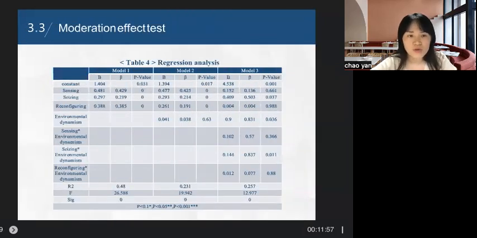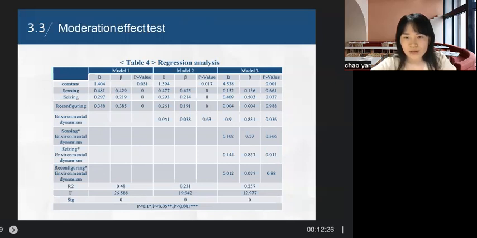Finally, we use multiple regression to further explore the impact of dynamic capabilities on enterprise growth performance and examine the environmental dynamism. In Table 4, we summarize the result of the regression.